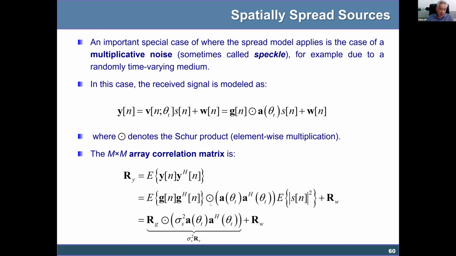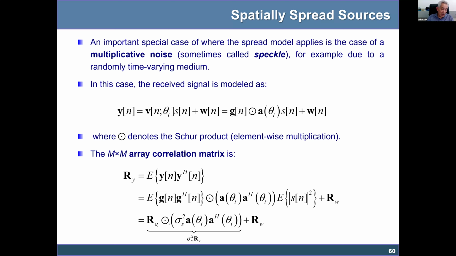And the nice thing is that at the end, the spatial covariance matrix of the array output is the spatial covariance matrix of the speckle, of the multiplicative noise that multiplies, point by point, element by element, the ideal correlation matrix. And if you have only one target, the rank is 1.